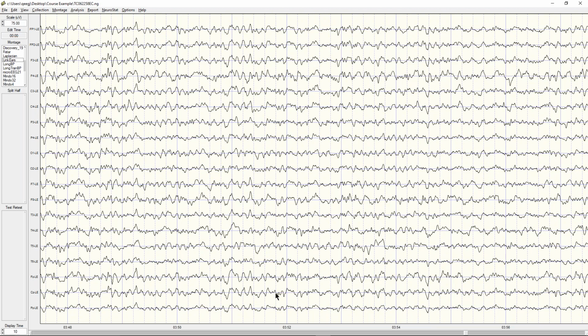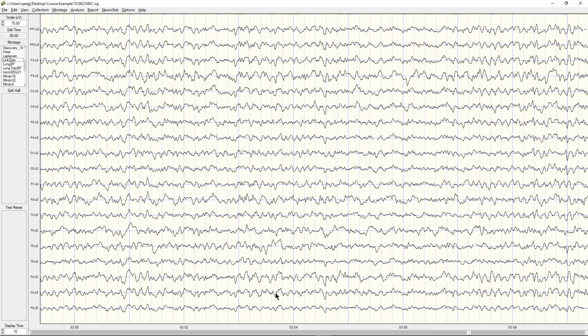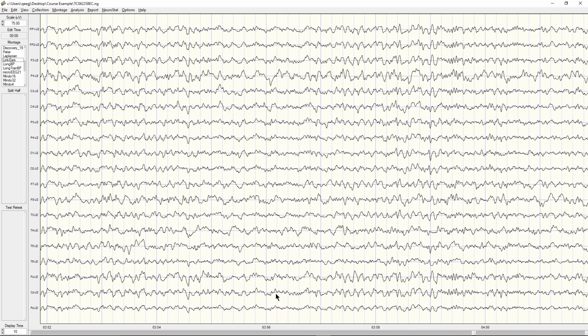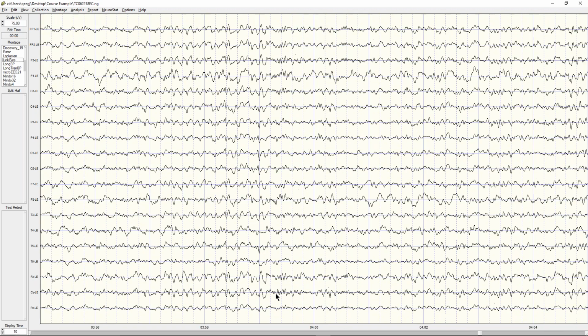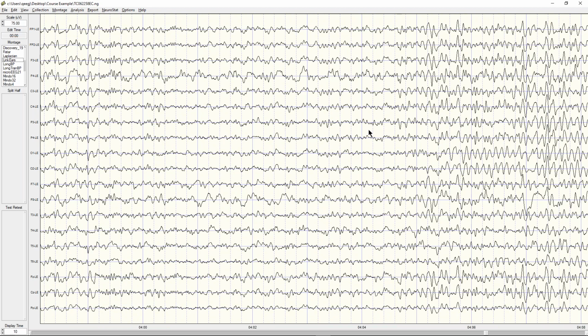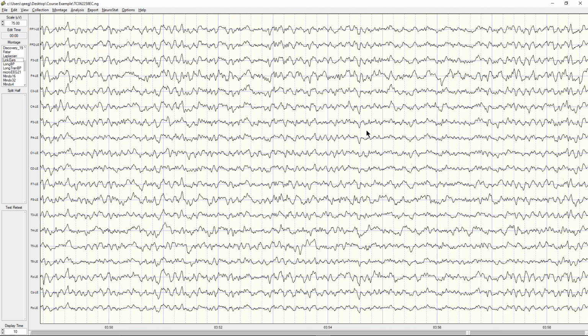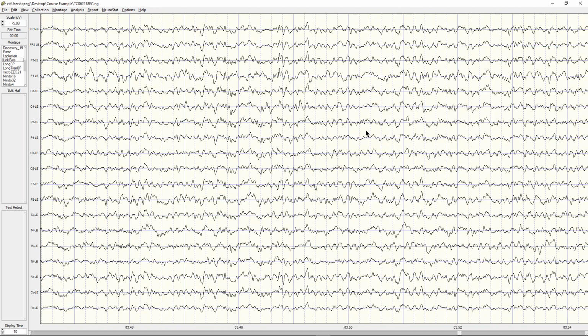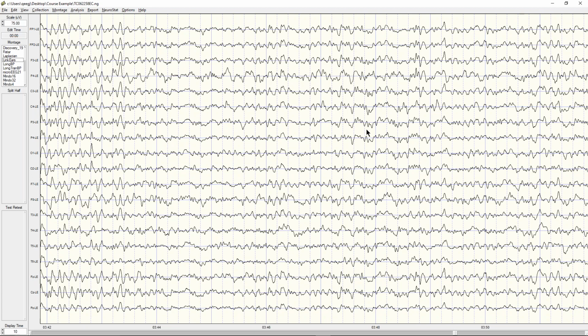There's also some K complexes. Let's see if we can see a K complex here. This is kind of like a K complex. It's like a K lying on its back. Usually you'll see that frontally during stage 1 sleep and also into stage 2 sleep.